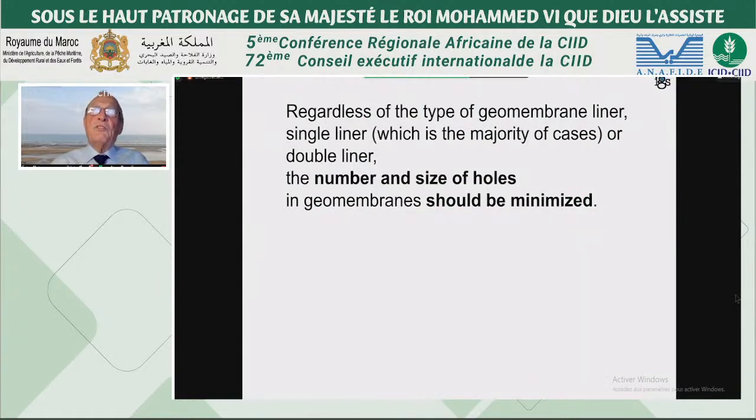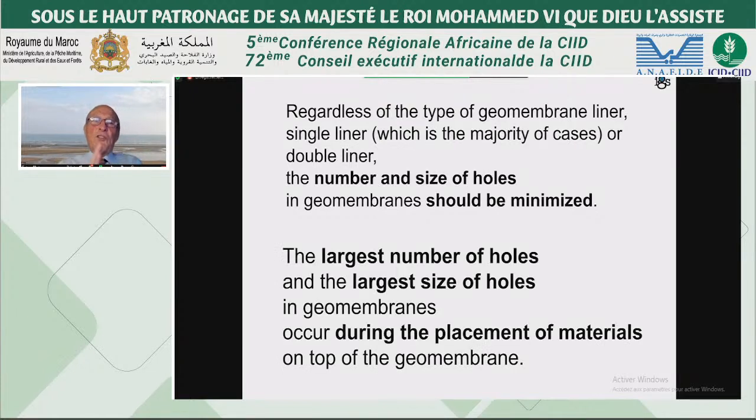Regardless of the type of geomembrane liner, single liner or double liner, the number and the size of holes in geomembrane should be minimized. The largest number of holes and the largest size of holes in geomembranes occur during the placement of materials on top of the geomembrane.